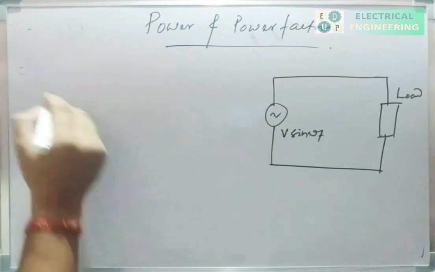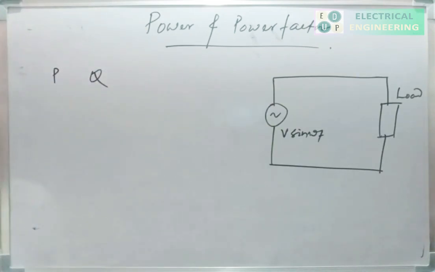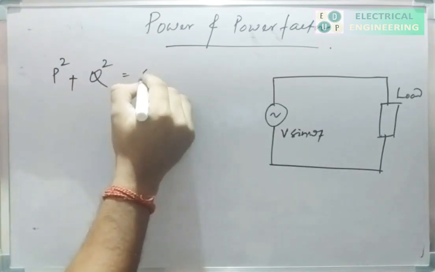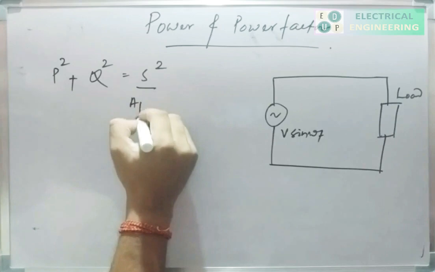So if P is the real power and Q is the imaginary power, then the resultant will be P square plus Q square equals S square, where S is nothing but apparent power.